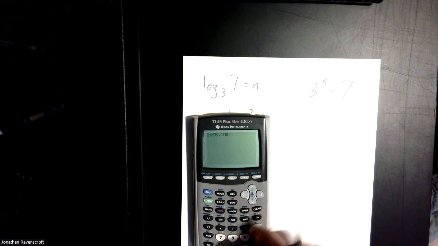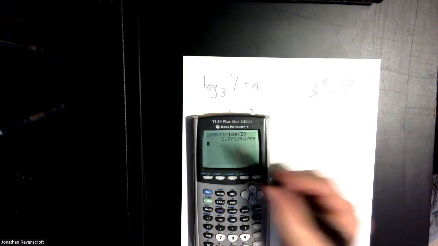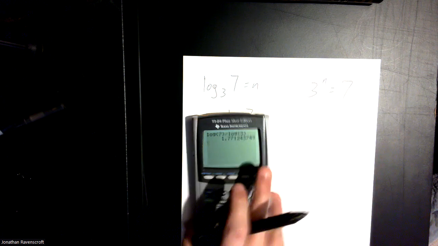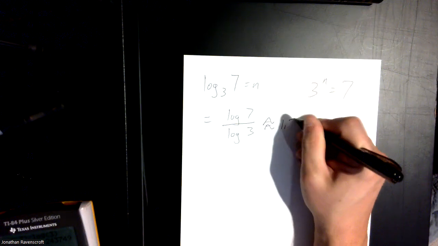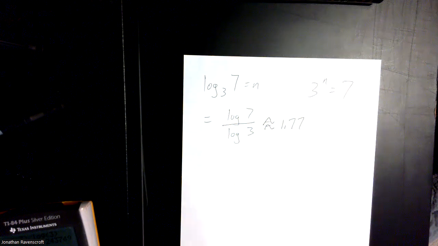Now we'll get a decimal, and that's to be expected. We know that this is somewhere between 1 and 2. I'm going to say this is approximately equal to 1.77. Pay attention to the homework and exam directions.